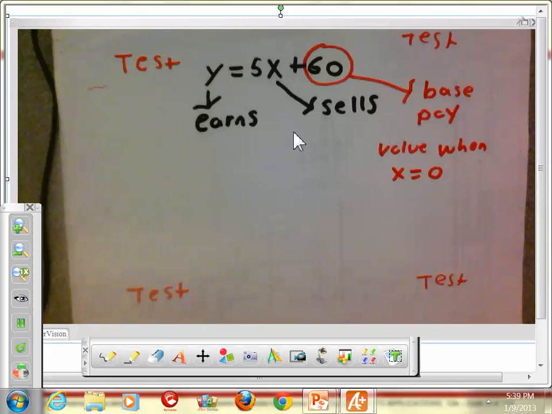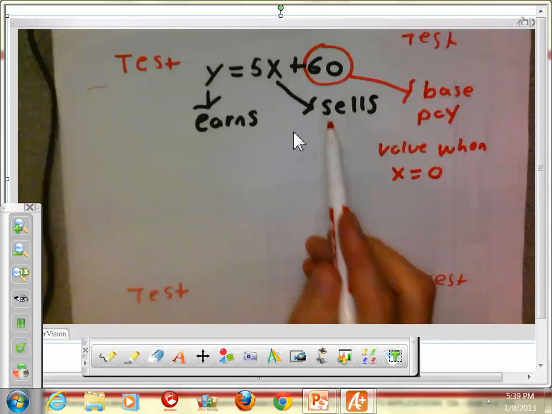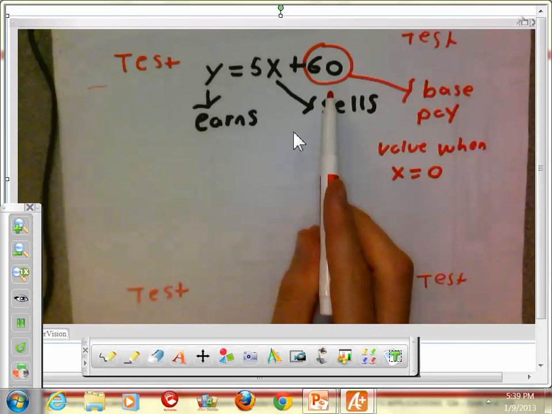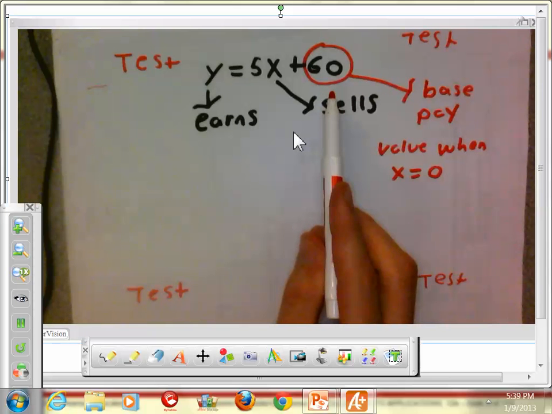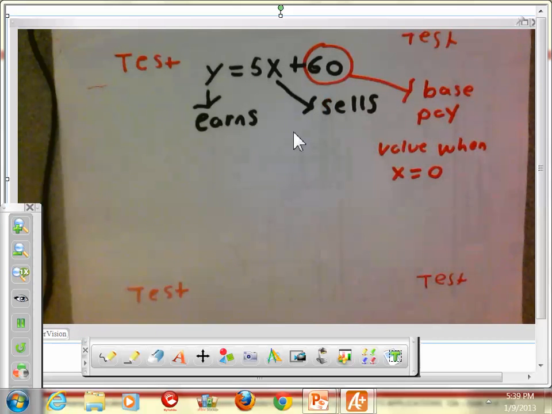But okay, so now the 5 is the slope. So this 60 over here is the y-intercept, or the value of the line when x equals 0. And it's also given on the line by the point (0, 60). When x is 0, y is 60. We're going to look at that in a second.